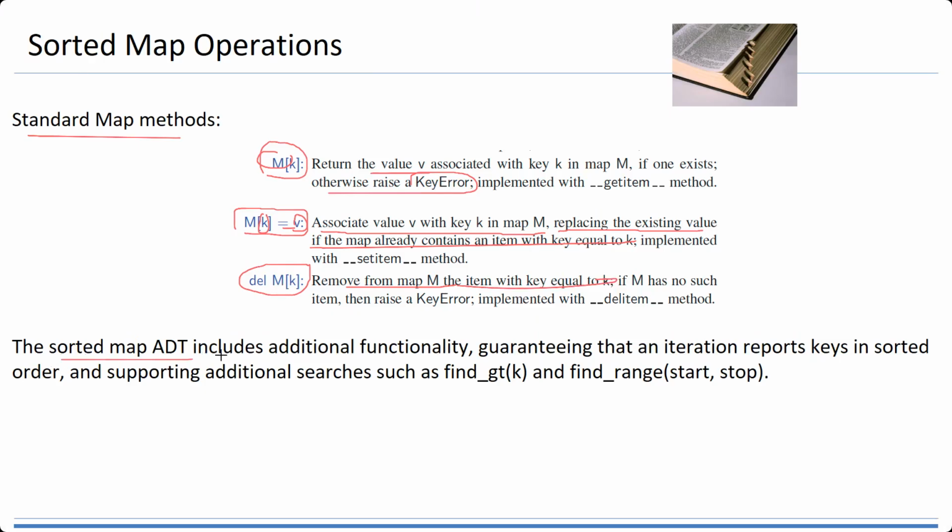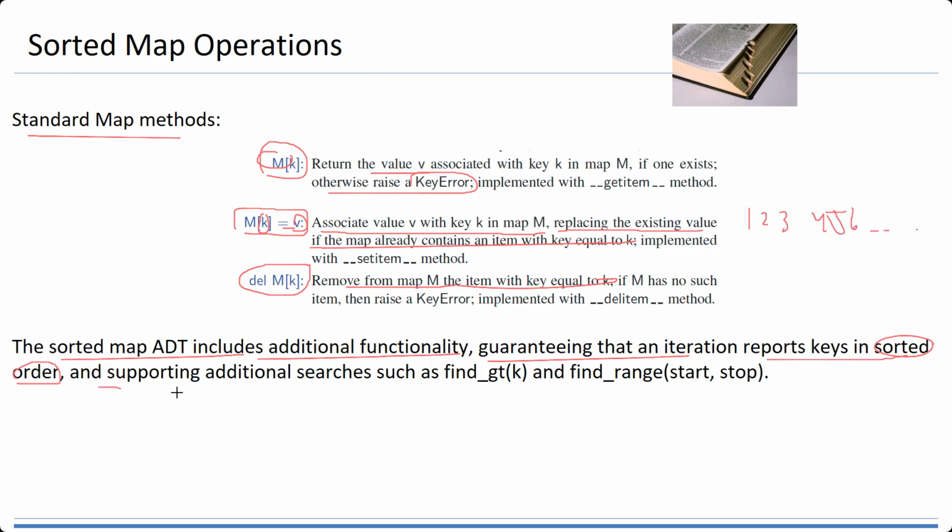The sorted map ADT includes additional functions guaranteeing that an iteration reports keys in sorted order, so 1, 2, 3, 4, 5, 6, 7, and so on.